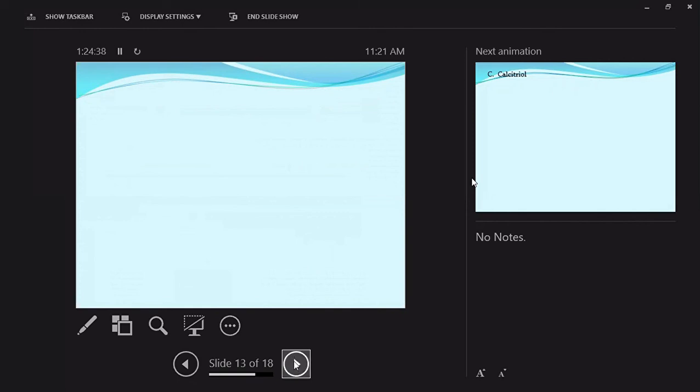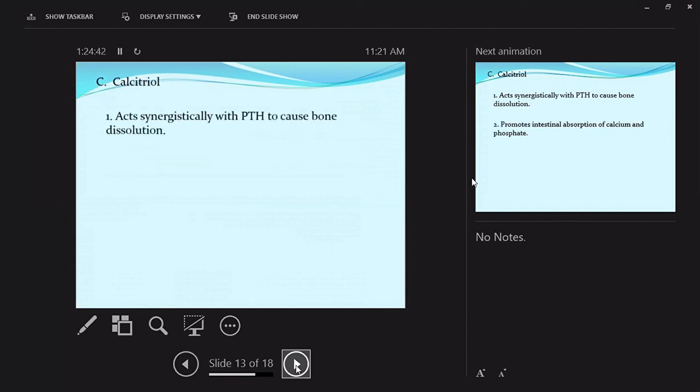Your calcitriol acts synergistically with your parathyroid hormone to cause bone dissolution. This is your vitamin D3. It promotes intestinal absorption of calcium and phosphate.